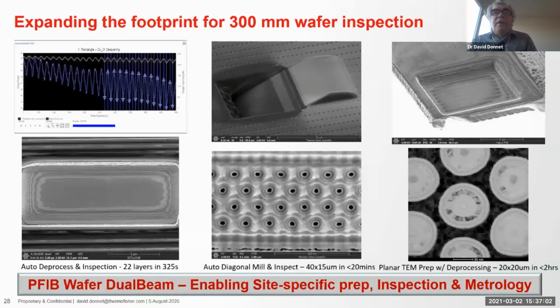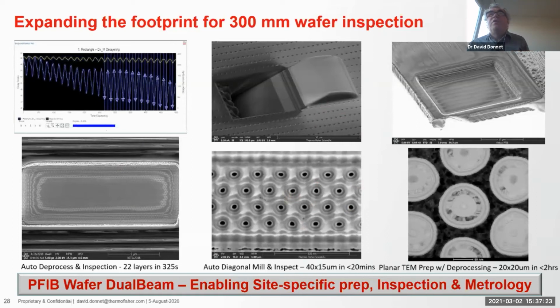So we now have plasma FIB on a wafer system for wafer inspection and metrology. And this is a game changer for them because, of course, they can do delayering, but they can really analyze the 3D NAND structure using what we call this diagonal mill.